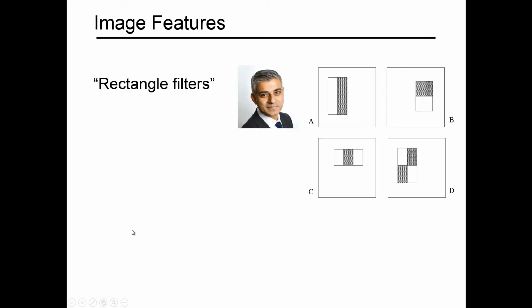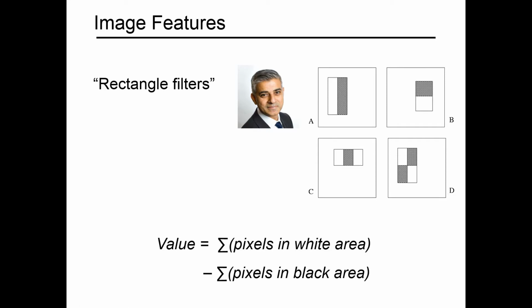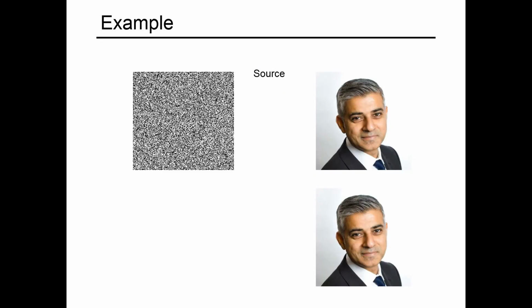As an example, you have an image and a filter like this scanning over the entire image, and then another filter like this, and another filter like this, and so on. Because this filter is so simple, computing it is essentially just summing over all the pixels in the white area minus all the pixels in the black area, right? So it's an extremely simple filter.